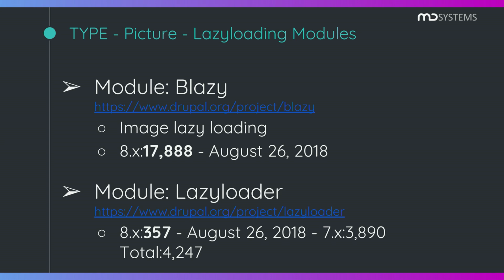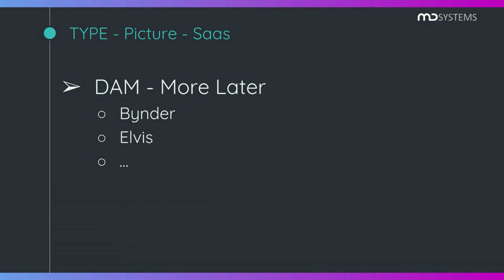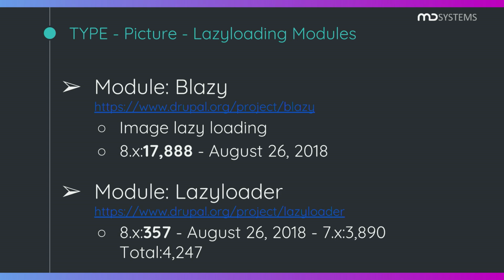There is Blazy, which is really popular to solve this lazy loading problem, to speed up the initial load of the page and only load stuff that is inside the viewport. There are more modules. I just put these because they exist and are kind of used. But we're always using Blazy and we're very happy with it.